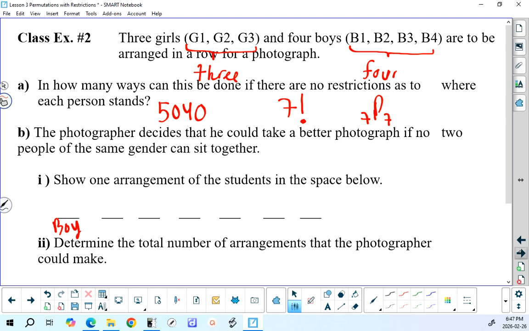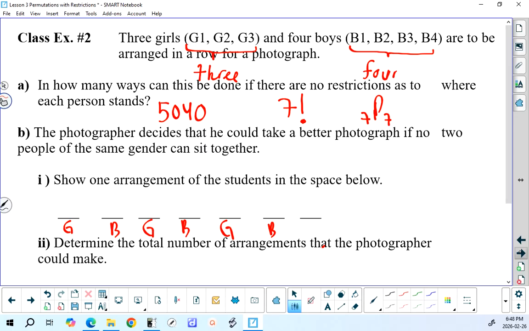That means you have to have a boy here and here. If you start off, I'll erase those just for a second. If you start off and say we're going to have a girl, then a boy, then a girl, then a boy, then a girl, then a boy, the 3 girls have already been seated, so we can't alternate anymore.